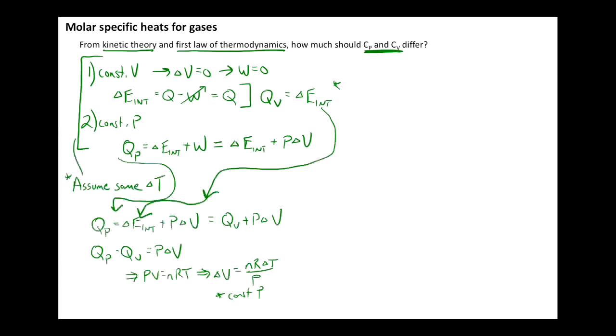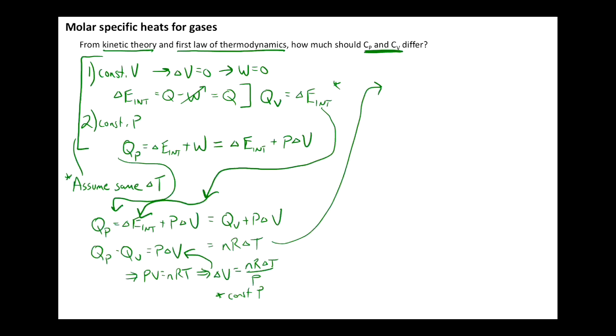So we do have a constant pressure in this case, and we're going to plug that in to that equation. So let's see. In that particular case, what's going to happen? The P's are going to cancel out, so this is just equal to nR delta T. Let me make sure I didn't make a mistake. Everything looks good. So let's take this and go up here, and we've almost got what we're looking for.